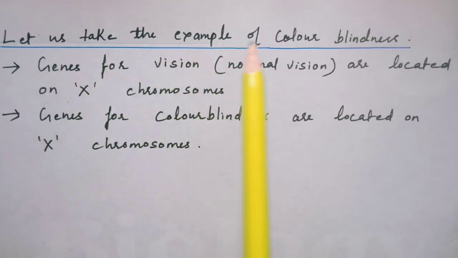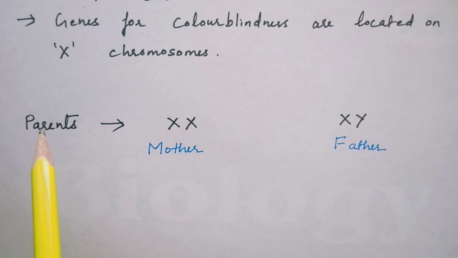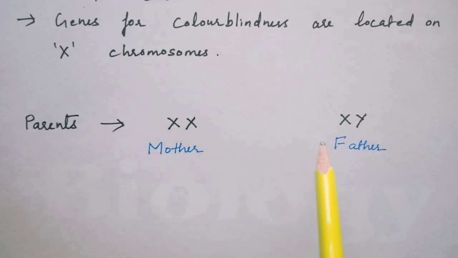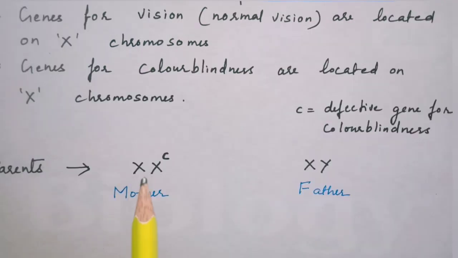Let us take the example of color blindness. Genes for normal vision are located on the X chromosomes. Therefore, genes for color blindness are also located on the X chromosomes. Here also, in the first line we write about the genetic combination of the parents. Here we have written XX, so obviously this is the mother, and here we have written XY, so this is the father.